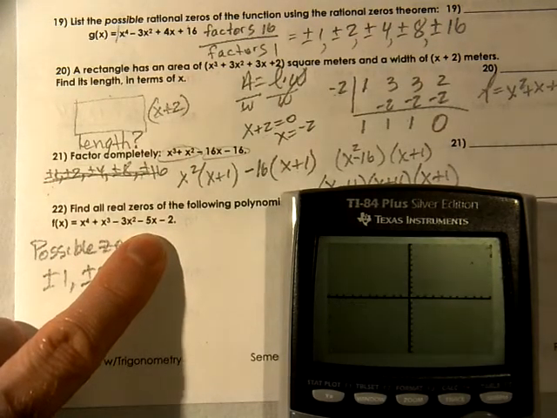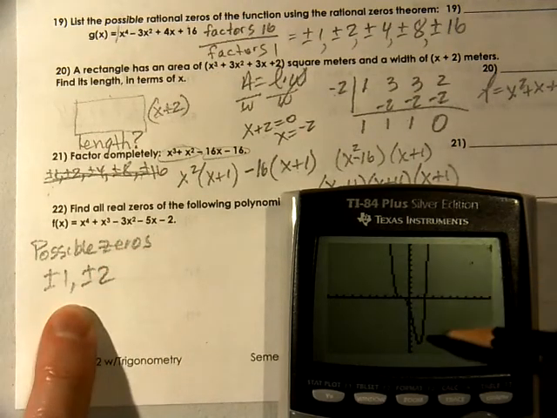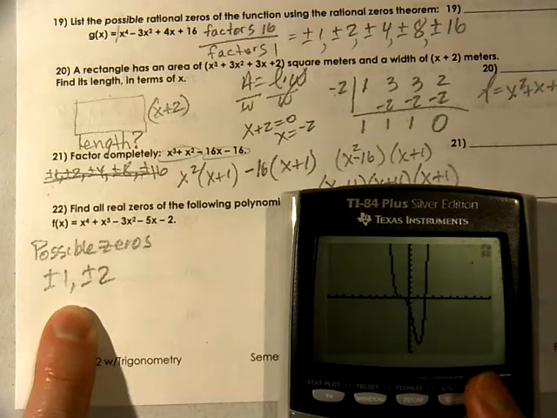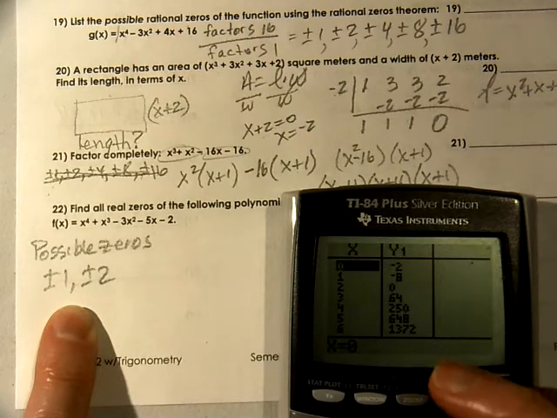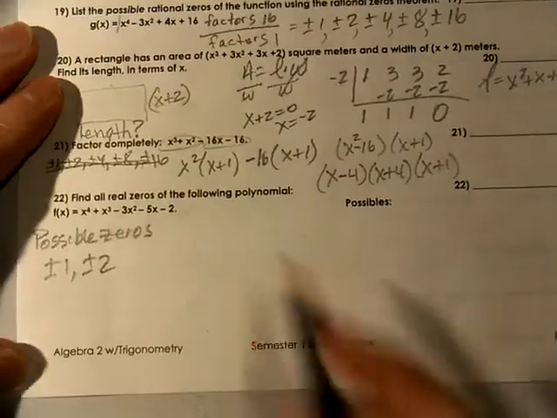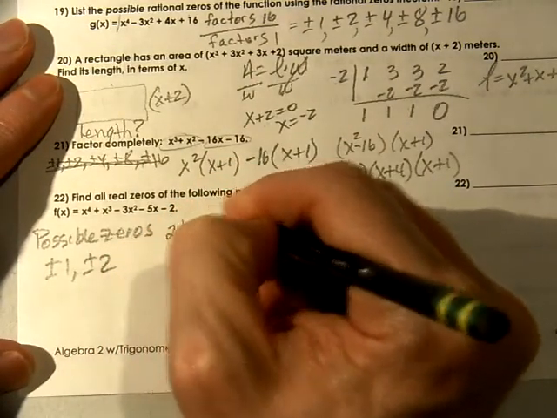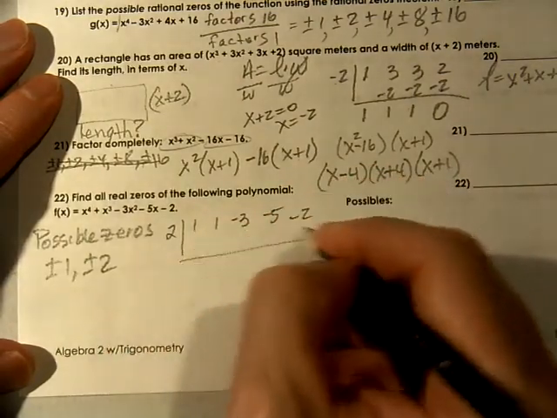So what we're going to do, we're going to look at some possible zeros. Which ones are the best to use? It looks like 2 is a pretty good choice. When I go to my table, I see that 2 gives us a 0. So I'm going to start right off using a 2. This is showing my work. I'm not using the calculator to do my work.